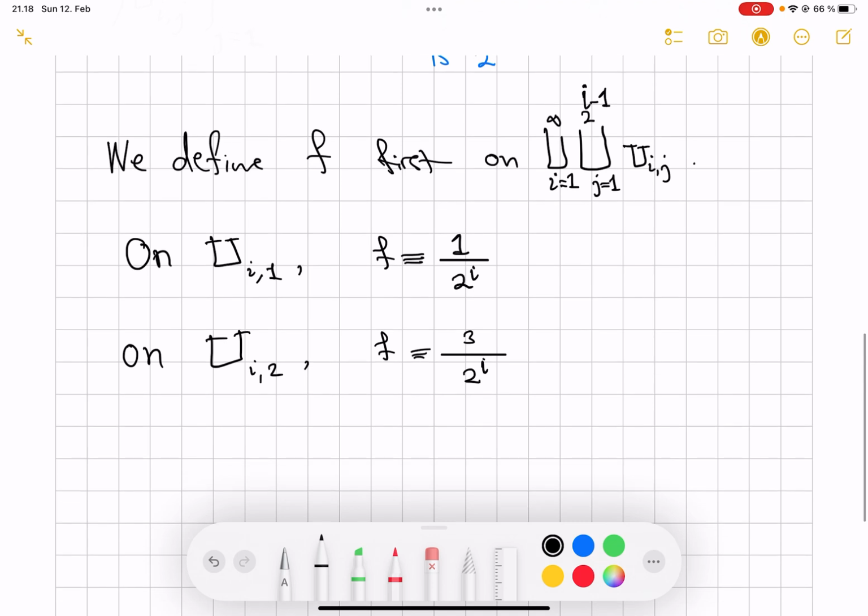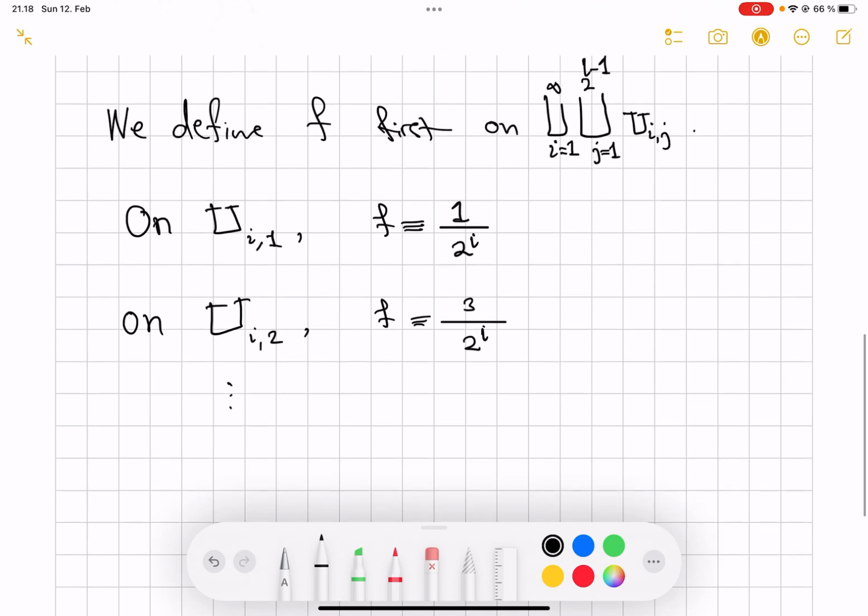And then we keep going. If you follow the formula, you can see that on U_{i,j}, f is the constant value (2j-1) over 2^i. So notice that with j, this is jumping by values of 2, and it starts at 1 when j is equal to 1. So what is happening here?